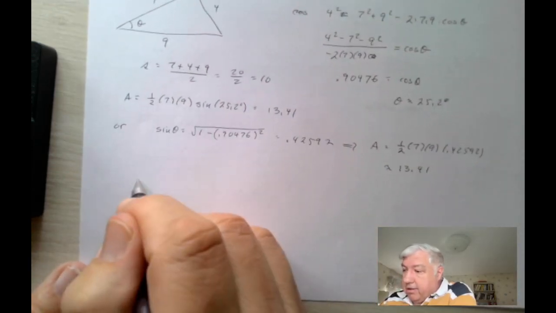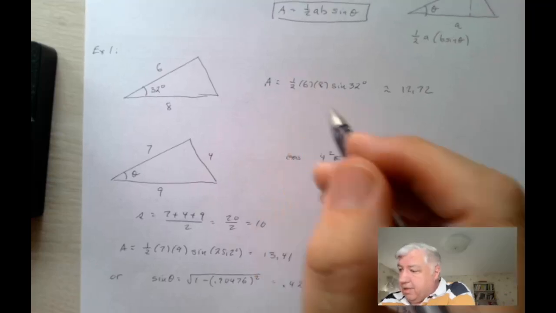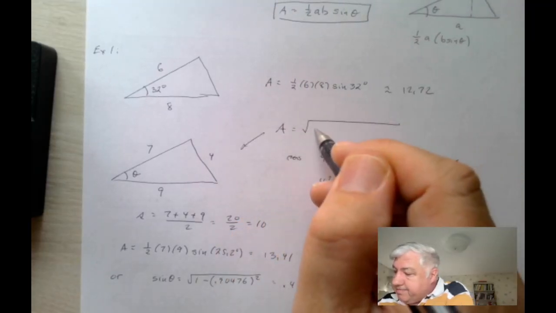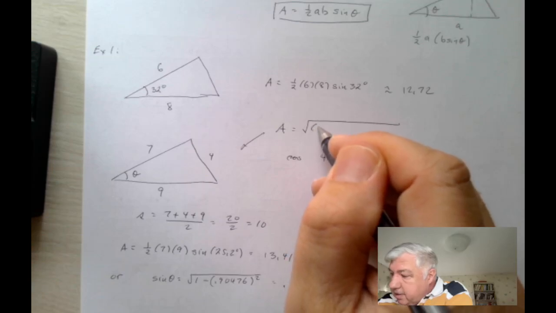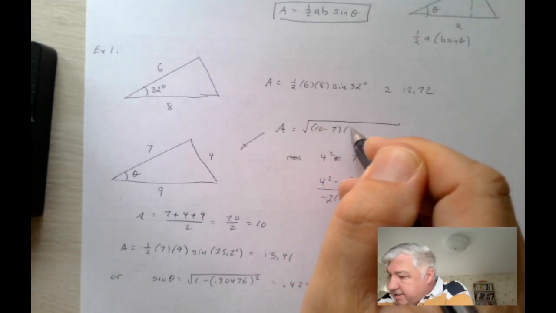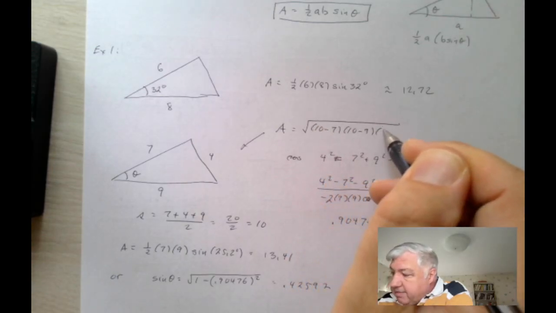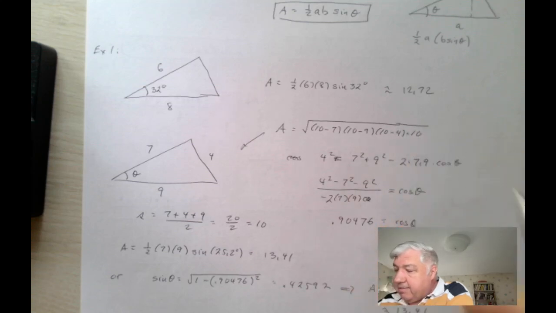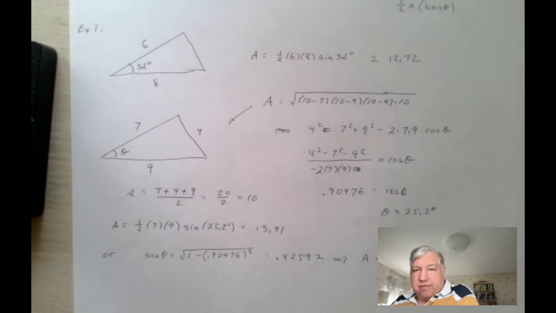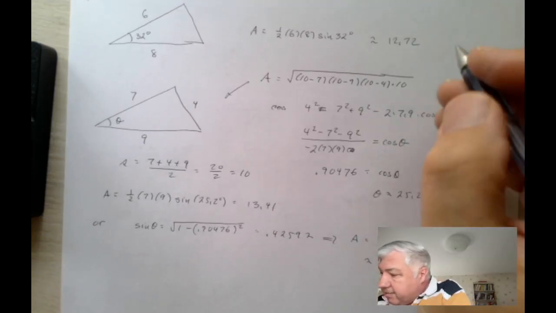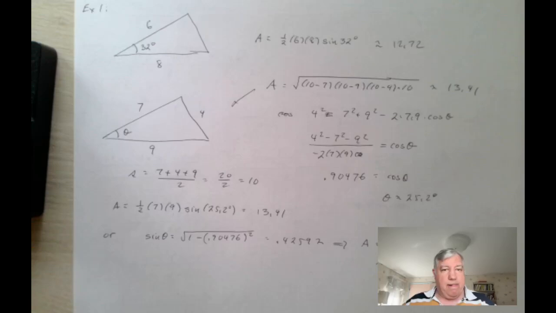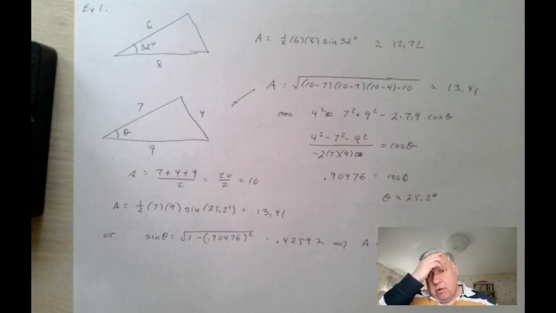So the area should be the square root of 10 minus 7 times 10 minus 9 times 10 minus 4 times 10. Okay. And when you check this out, this does turn out to be approximately 13.41. Okay. So you can do it that way. Okay. So that's kind of slick.